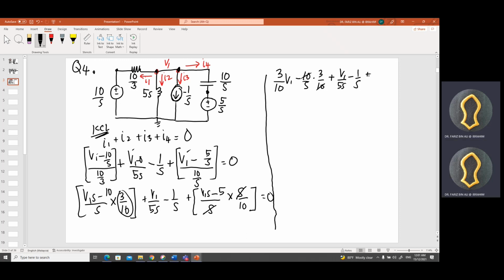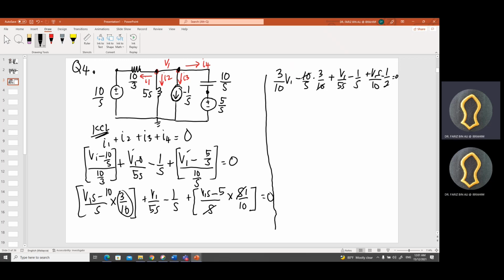Okay, multiply this 1 over 10 here, V1S over 10. Minus 5 over 10 is 1 over 2. Minus 1 over 2 equal to 0. Perhaps if you can't see small, maybe you can listen to my explanation.